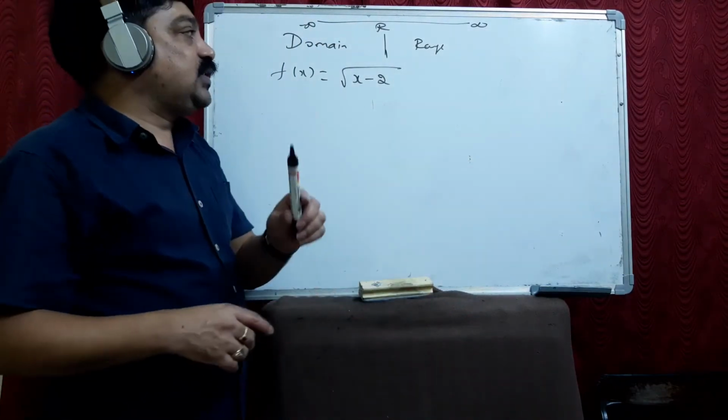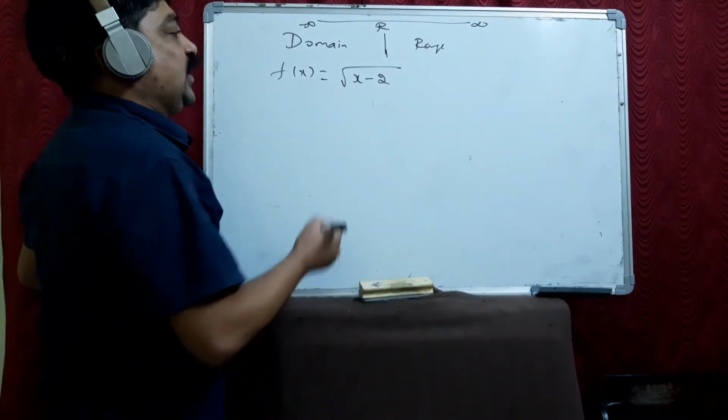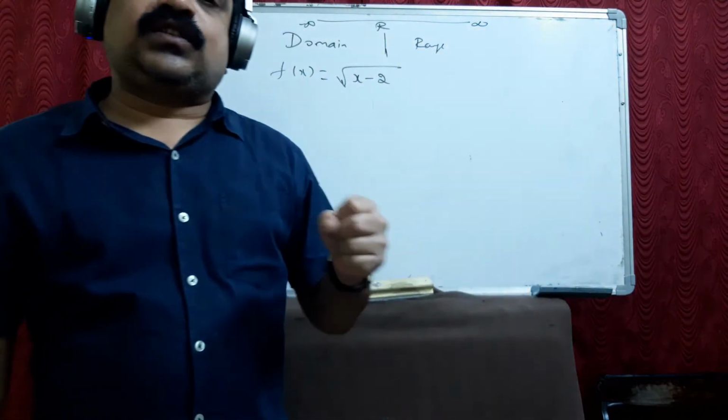So for what values is this function defined? It is not defined for all values of R. It will be defined only when the values inside are non-negative, because a square root of a negative number is not a real number.